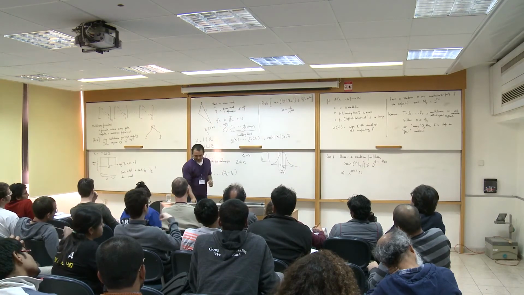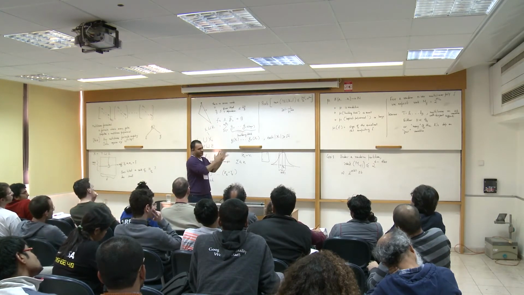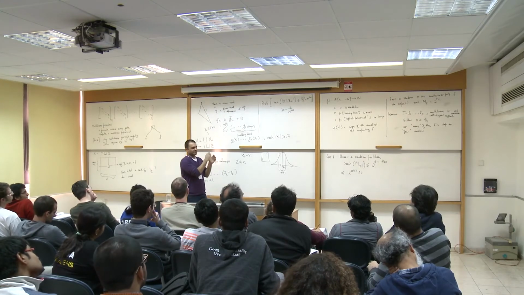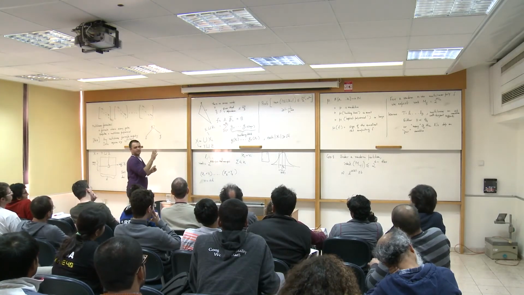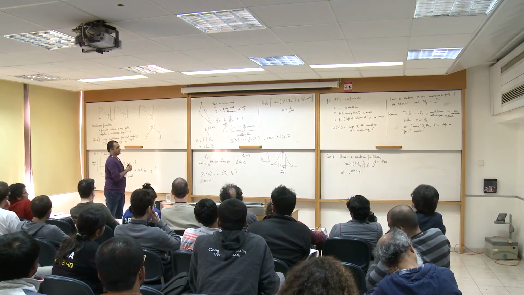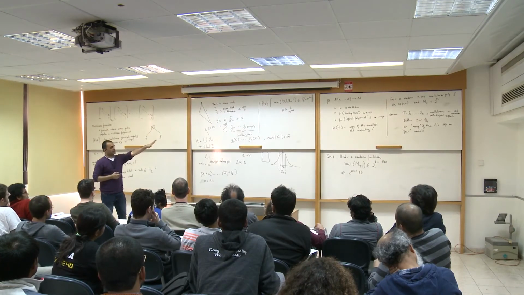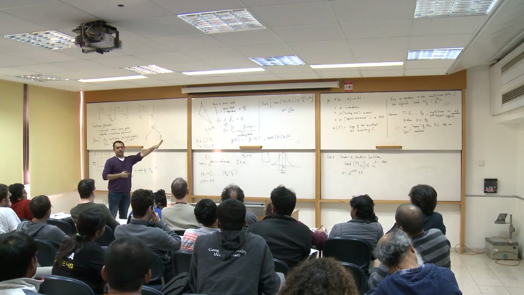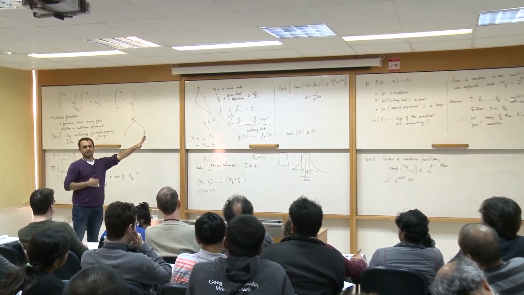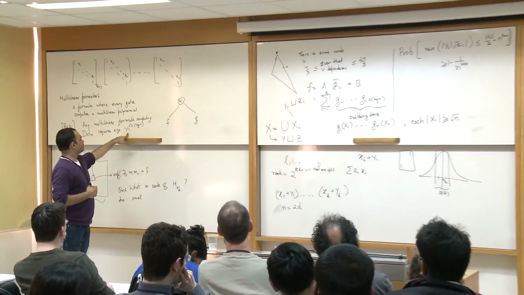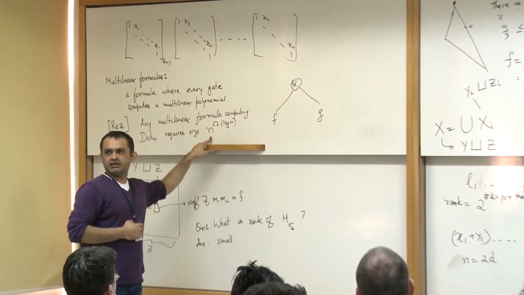Because I'm not getting into the details of the calculation, let me just pay some attention to something. At the moment, it looks like you're getting an exponential in n over 100 gain over 2 power n by 2. But the lower bound I'm proving here is just n power omega log n.